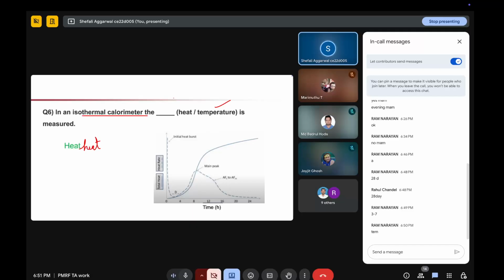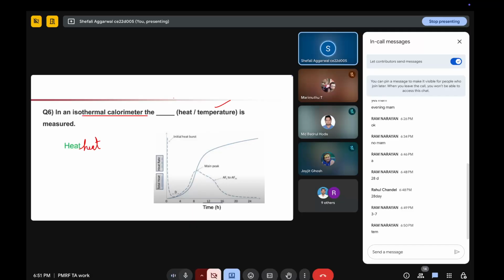So like we were discussing about two types of calorimetry. In adiabatic calorimetry, we are protecting it thermally, so there is no heat loss. In isothermal calorimetry, heat is evolved, and we are measuring that heat, keeping our temperature constant, okay.